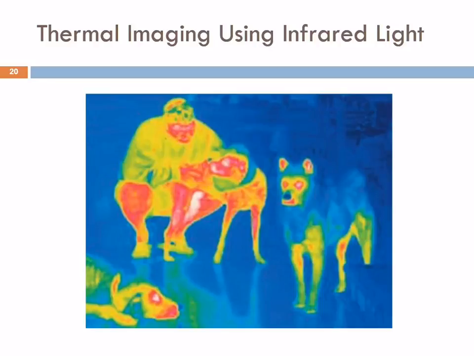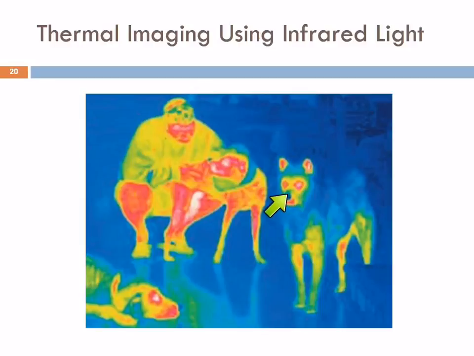We can't see infrared radiation, but we can develop a sensor that can detect it, and we can make a camera. There's thermal imaging. Here's a picture of a guy with his dogs. What we're seeing is not visible light reflecting off of them, but the infrared radiation being given off by them. And so there you have proof a dog's nose is cold.